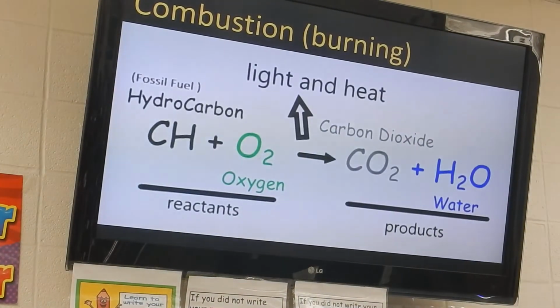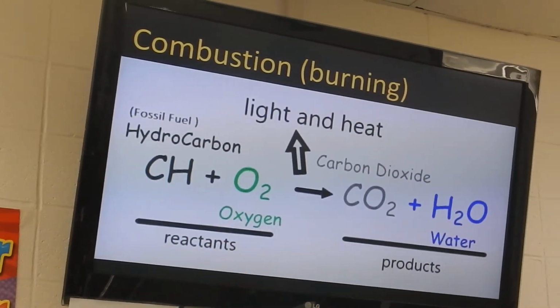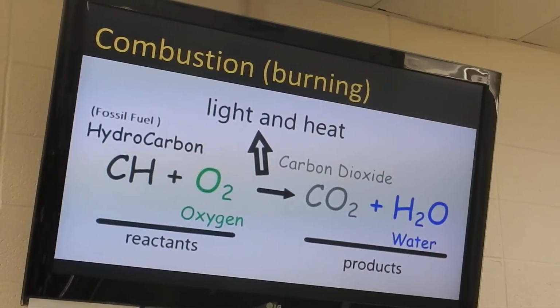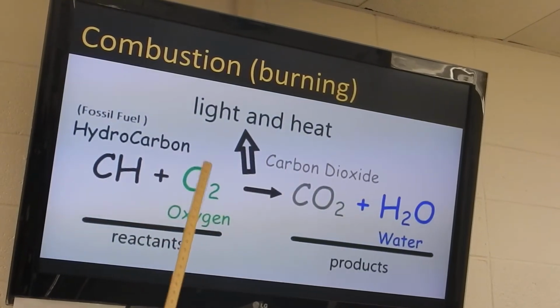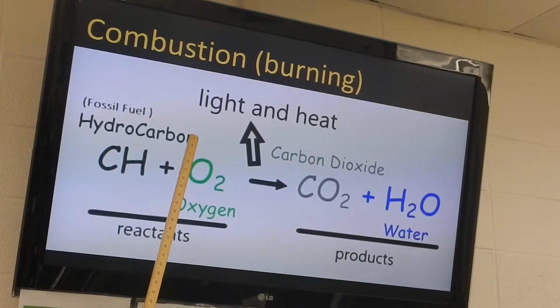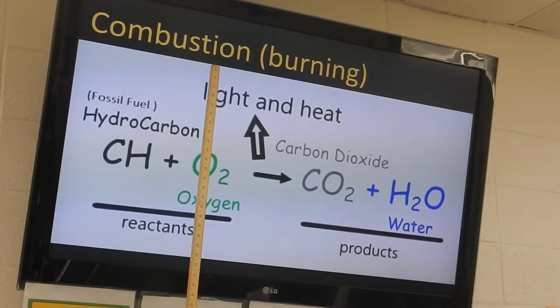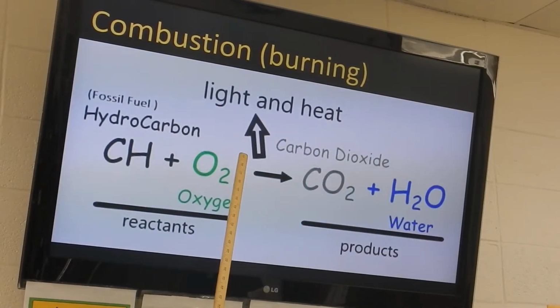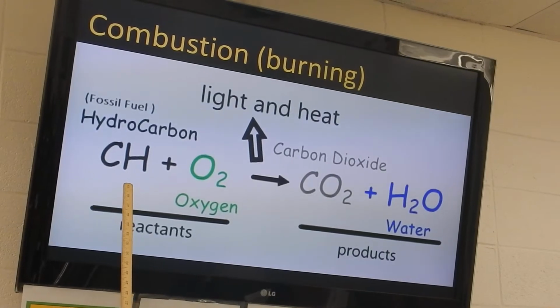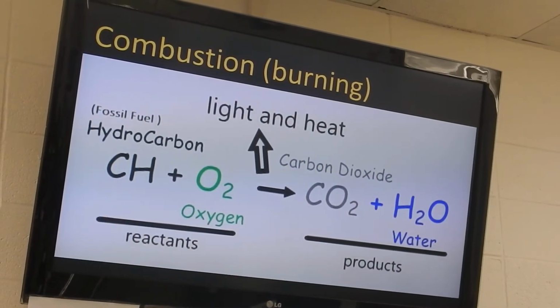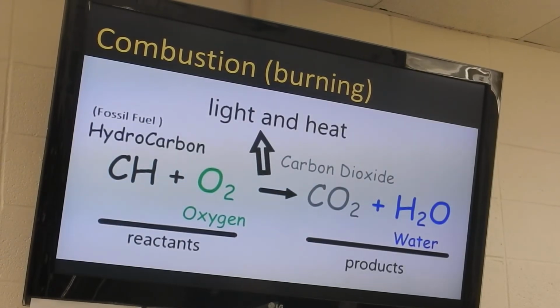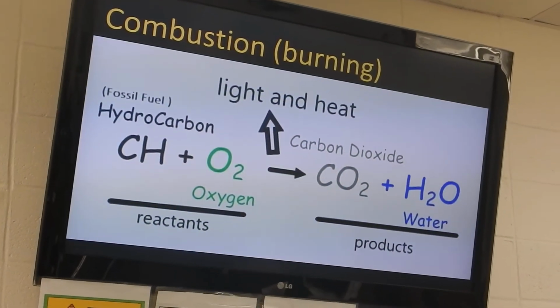Now, how about combustion? Combustion is not the same as nuclear reaction because in combustion, you need oxygen. You cannot perform combustion unless you have oxygen. The CH here refers to the hydrocarbons which represent the fossil fuels like coal, oil, and natural gas.